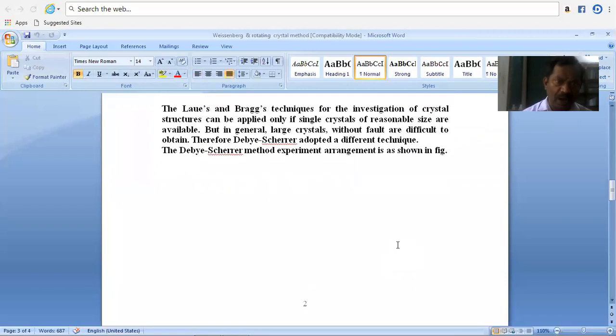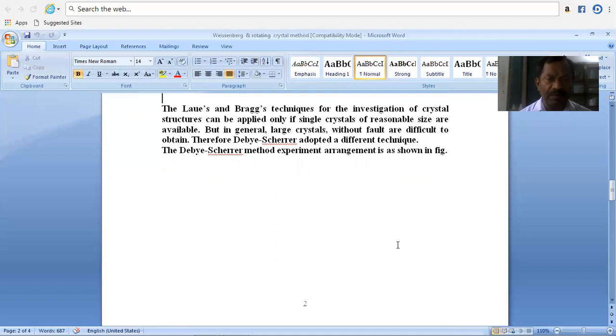In this way, Laue and Bragg's techniques for the investigation of crystal structure can be applied only if single crystals of reasonable size are available. But in general, large crystals without fault are difficult to obtain.